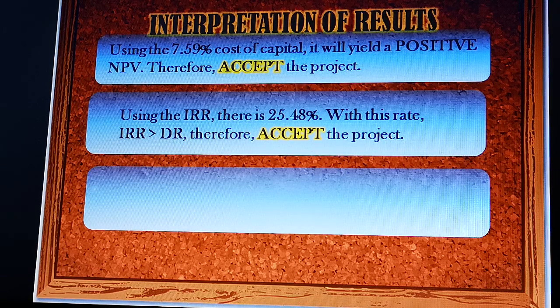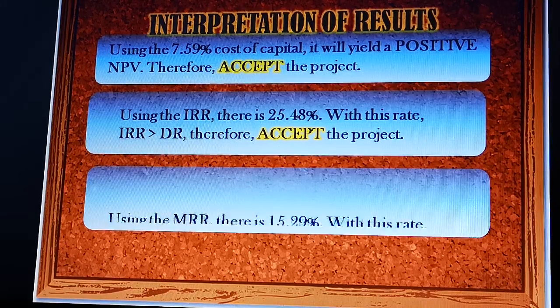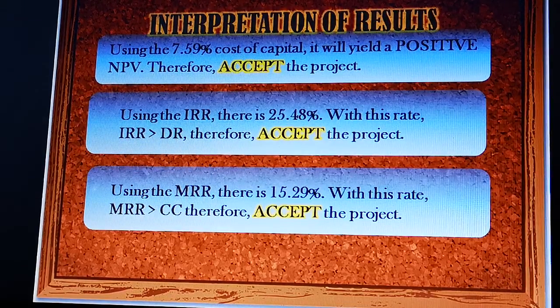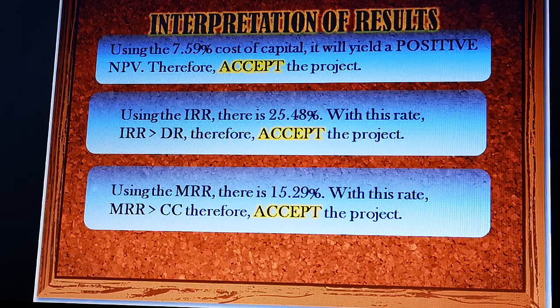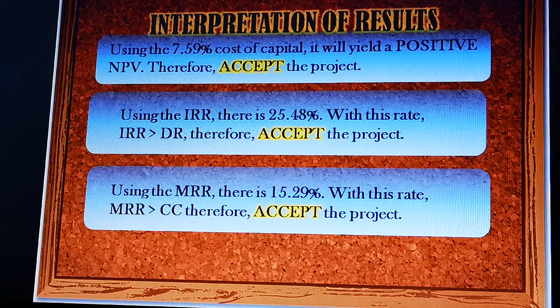Conversely, a longer project may have a low internal rate of return, but if the earning returns are slow and steady, it may still add a large amount of value to the company over time. On the other hand, using the modified rate of return, there is 15.29%.